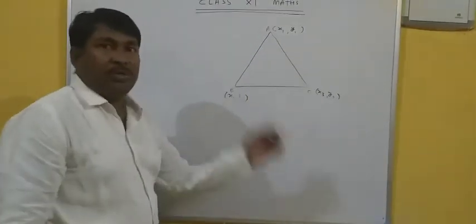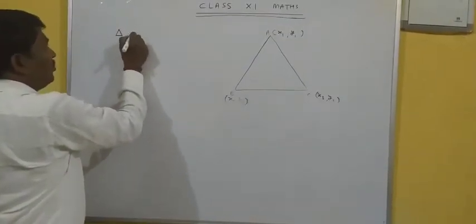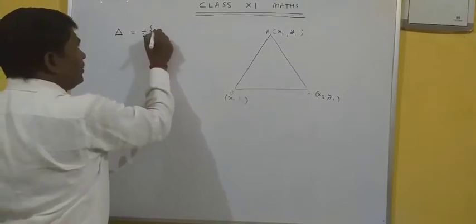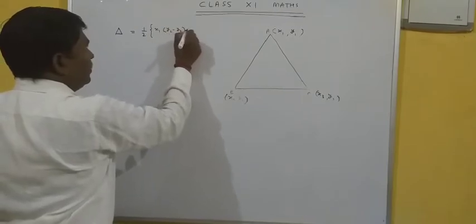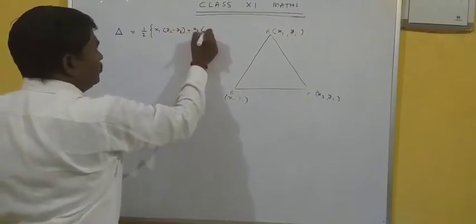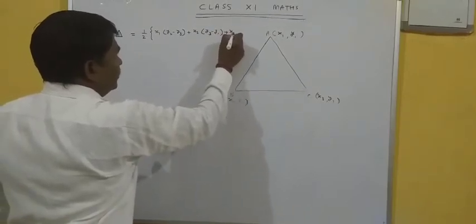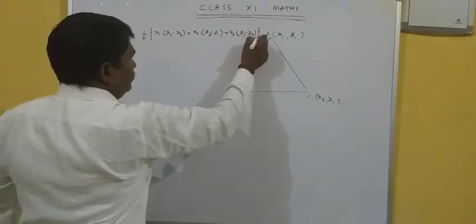Then according to the formula, as you know, the formula to calculate the area of a triangle is 1 by 2 within bracket x1 (y2 minus y3) plus x2 (y3 minus y1) plus x3 (y1 minus y2).